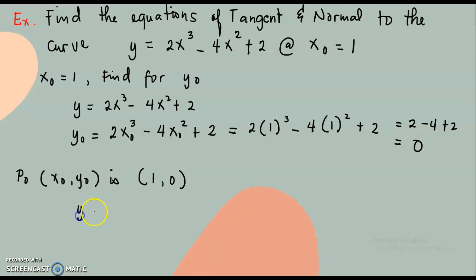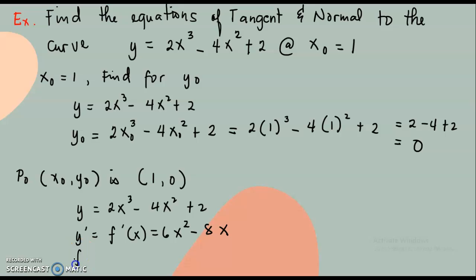Now we can differentiate the original equation. We have y equals 2x cubed minus 4x squared plus 2, so y prime, or f prime of x, is equal to 6x squared minus 8x.